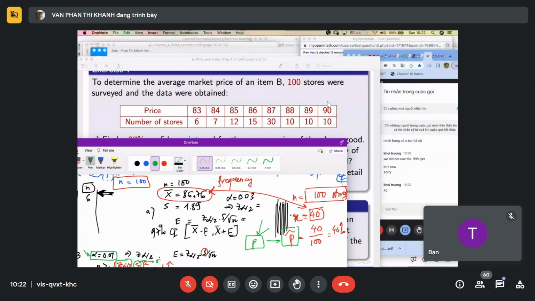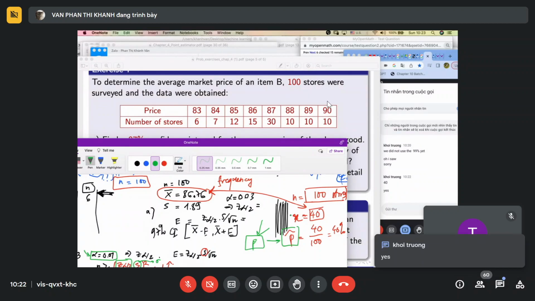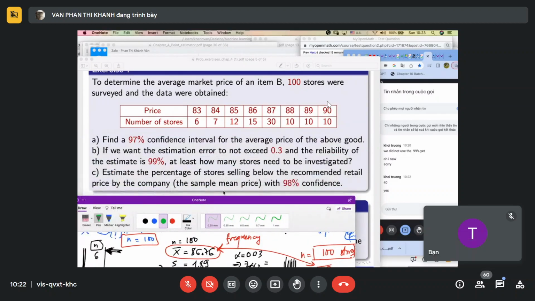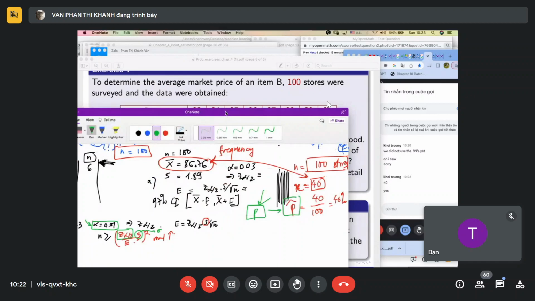Understood? Okay, so question C, what is it? This is the confidence interval of the proportion. So it's case 4.